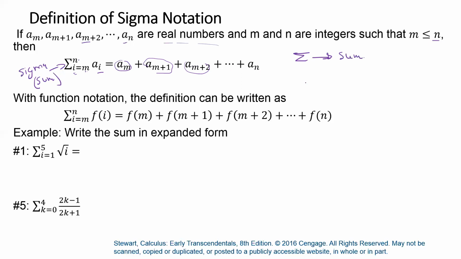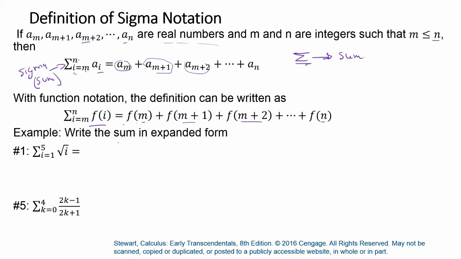That's what I say, sigma notation. If we use functions, not just real numbers, then we evaluate the function at m, at m plus 1, at m plus 2, all the way to n, and then we add all of them together because of the symbol sigma.